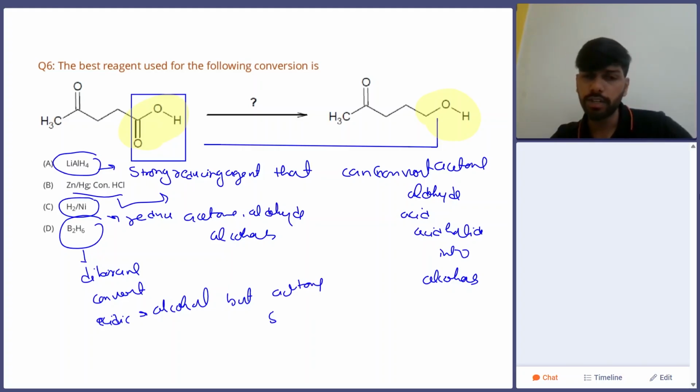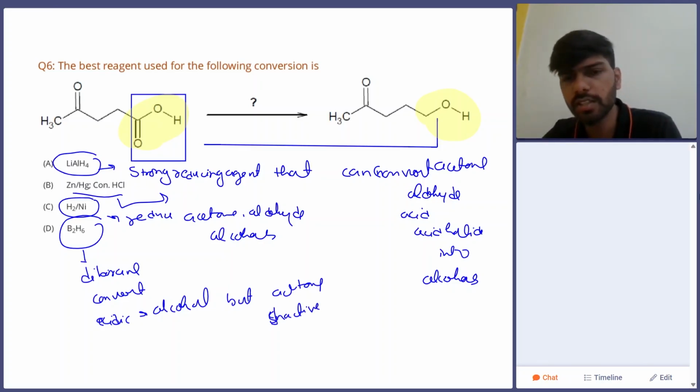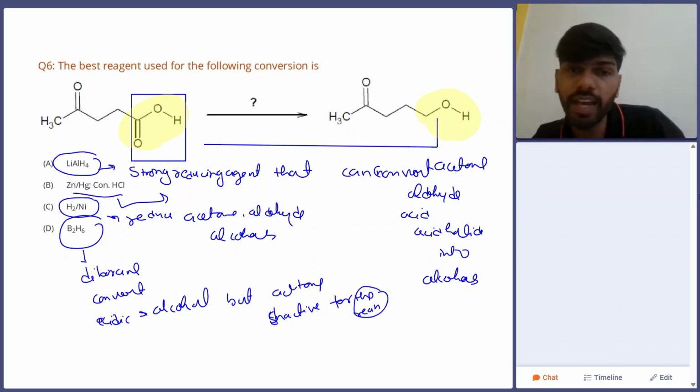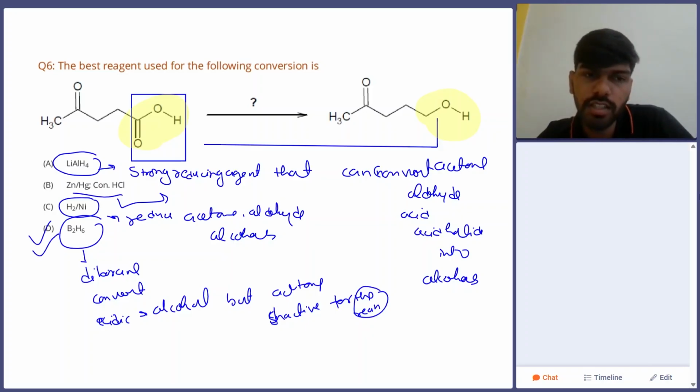If it is sluggish, you can say acetone is inactive for the reaction. So the acidic part will transform but the acetone part will remain. So the right answer is option D.